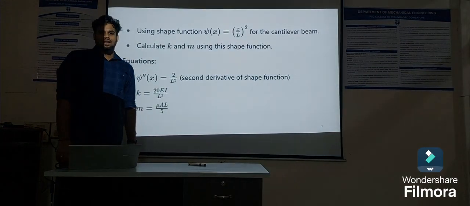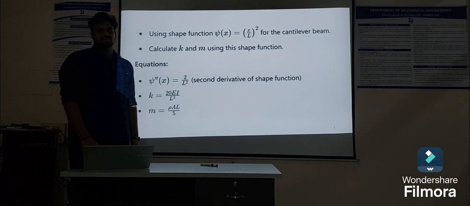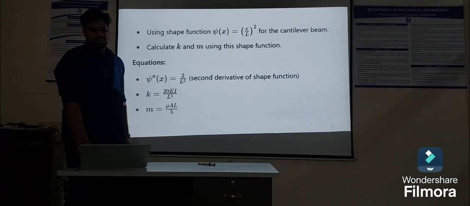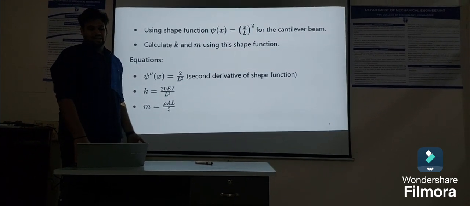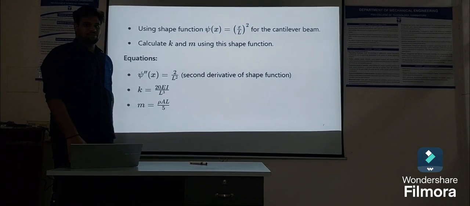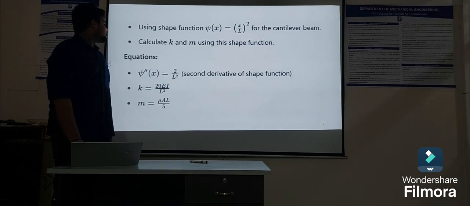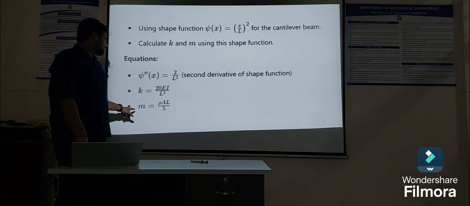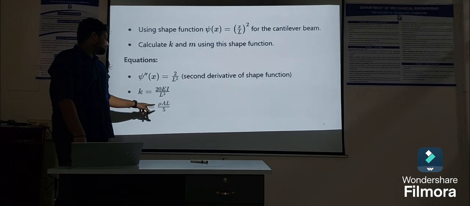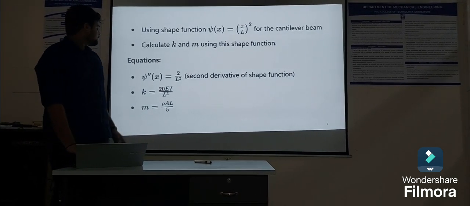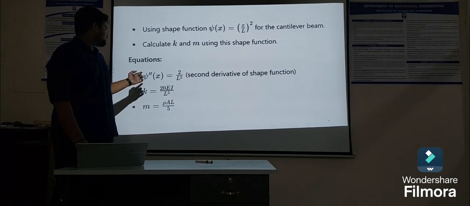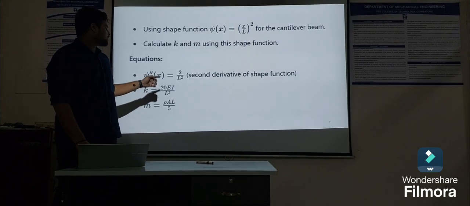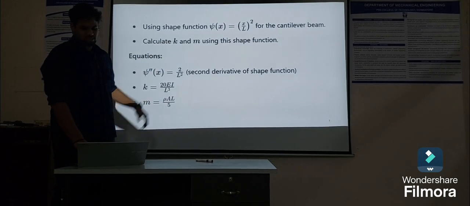Using shape function psi of x is equal to x by L whole square for the cantilever beam, k is equal to 20 EI by L cube, m is equal to rho AL by 5. Psi double dash of x is equal to 2 by L square, the second derivative of the shape function.